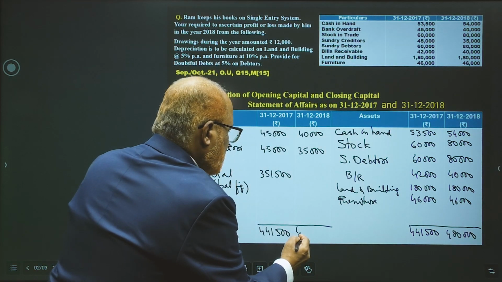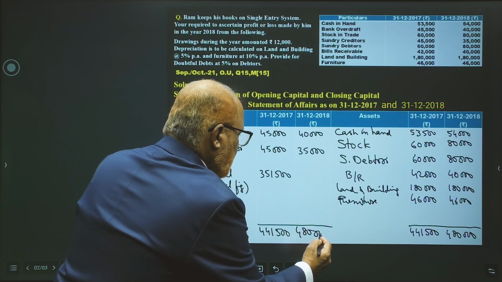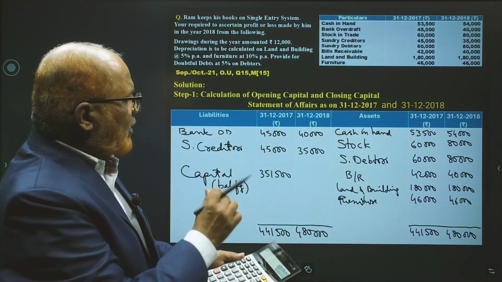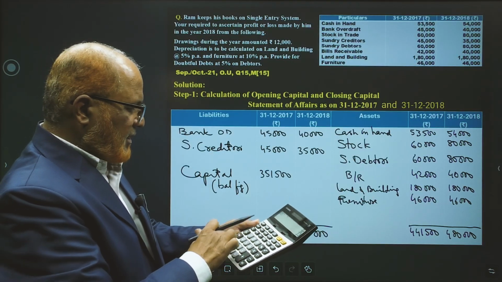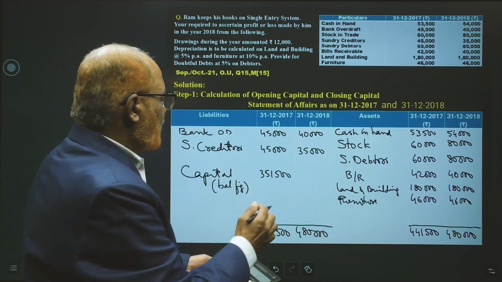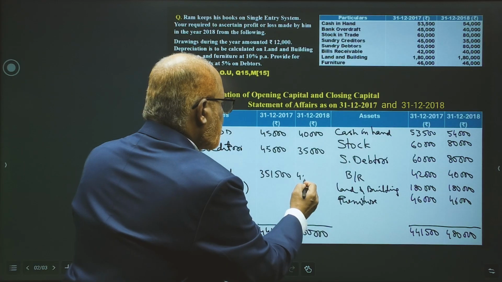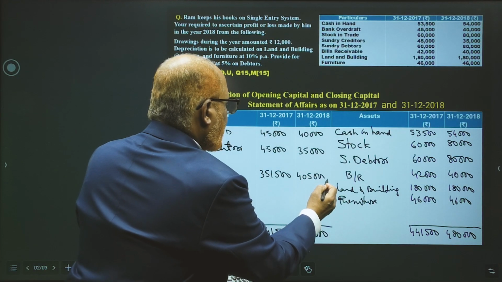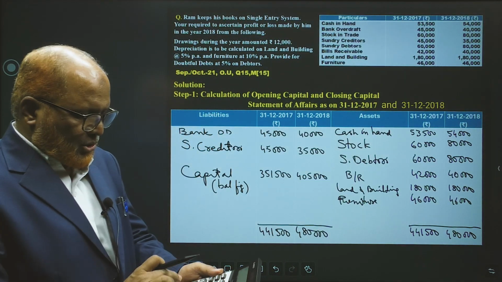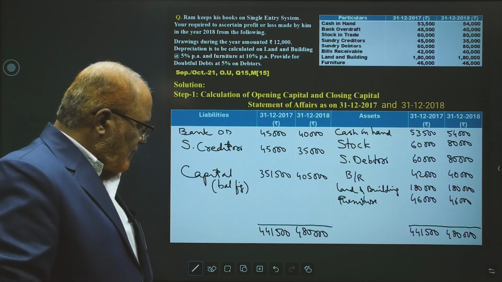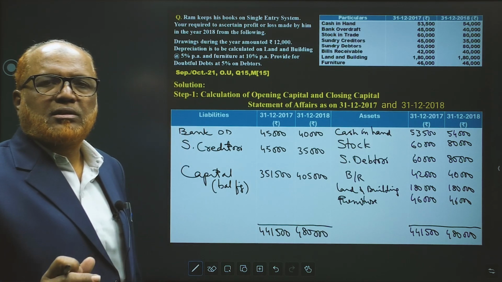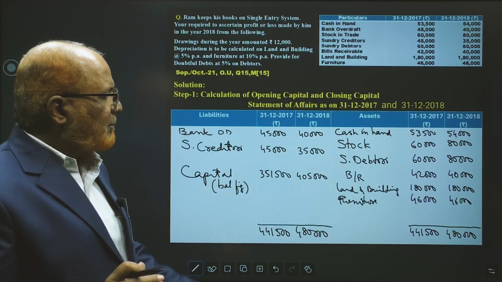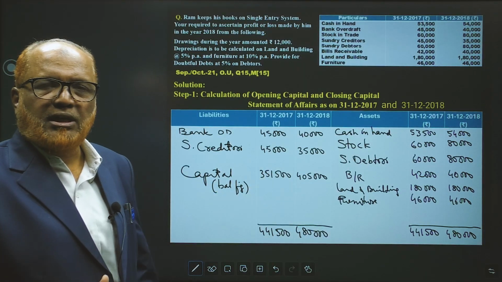The same 4,80,000 I am taking on the liability side. From 4,80,000 minus 40,000 minus 35,000, it comes to 4,05,000. That's all. So what we have done, we have prepared the statement of affairs and we got the capital at the beginning of the year and end of the year.